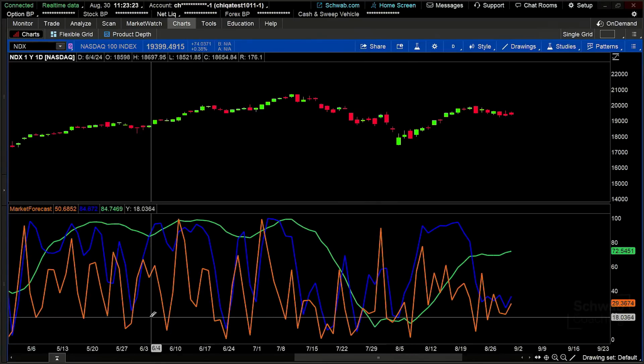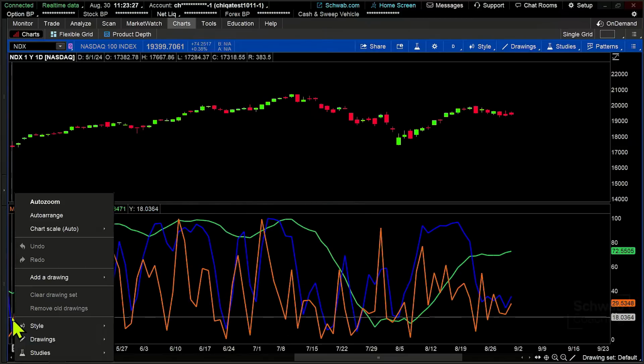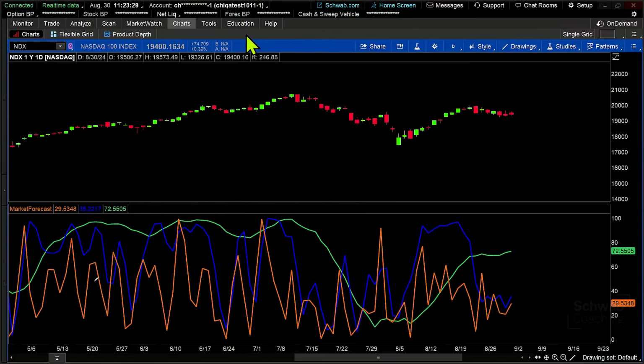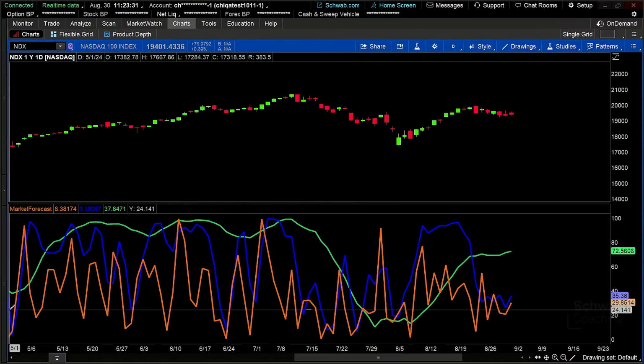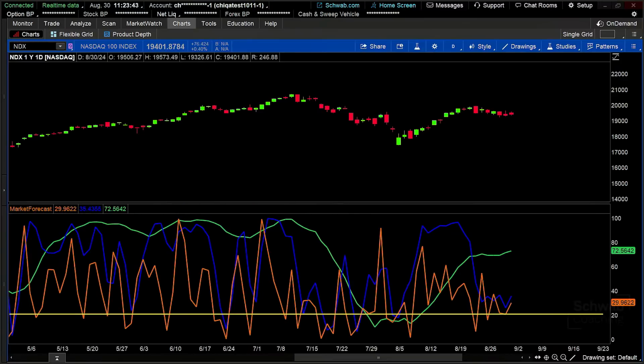Right down here, I'm just going to draw in a line, let me clear that. I'm going to draw in a line here right about that 20 level, okay? So I'm going to click on 20. I'm going to draw a horizontal line right here at about 20. We'll just make that horizontal right there.